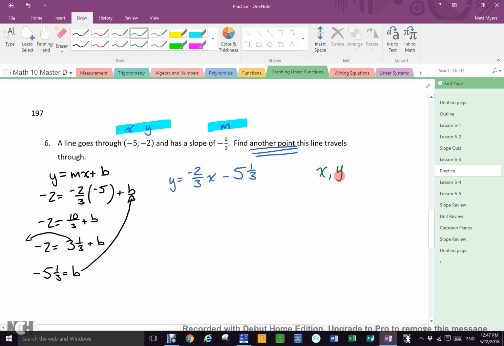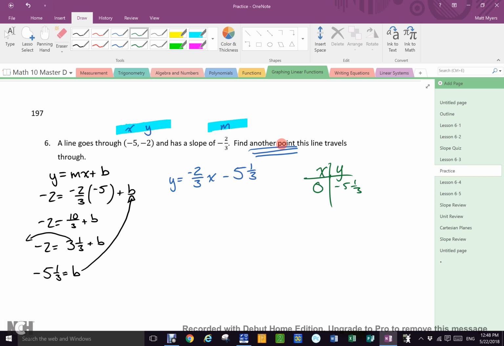What's the easiest input to do? 0. What is -2/3 times 0? 0. What is 0 minus 5 and 1/3? Negative 5 and 1/3. So when x is 0, what's y? Negative 5 and 1/3. Is that another point on the line? Yeah. Easy peasy lemon squeezy.